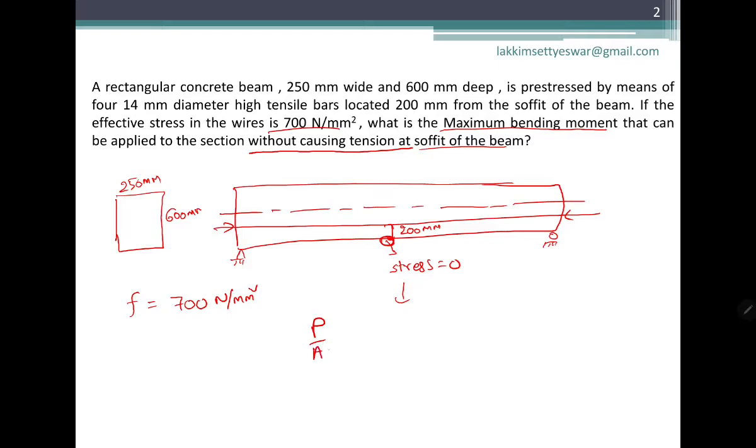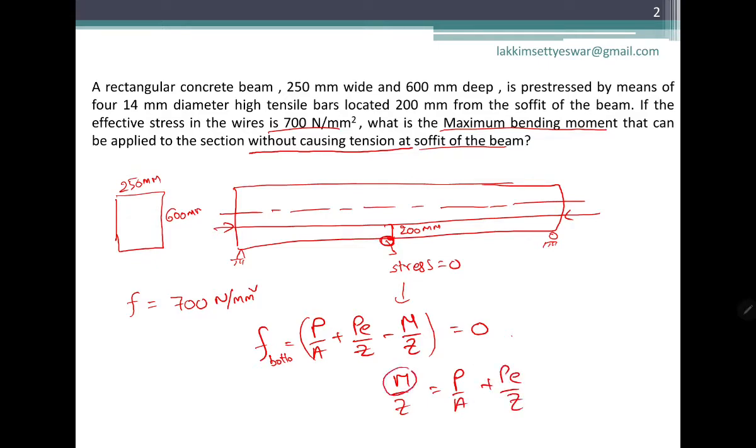P by A plus PE by Z minus M by Z, this is the stress at bottom. This one is equal to 0. So M by Z is equal to P by A plus PE by Z. This M moment value we need to find.